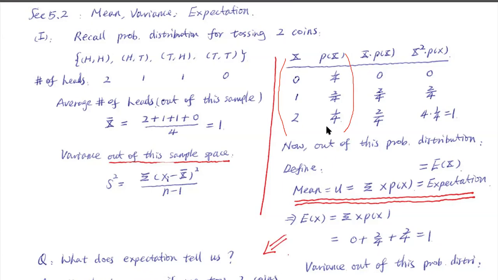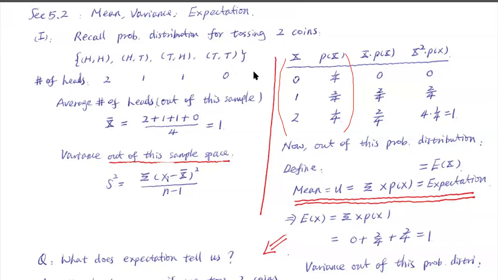So what's happening here is, in the beginning, you have 4 outcomes. You know each possible outcome very detailed, very clear. And after we generate this probability distribution, what we have is summarized information. It's not about each single outcome here.